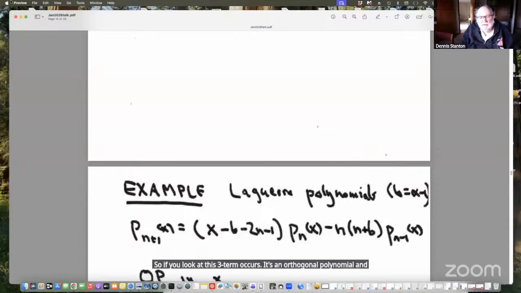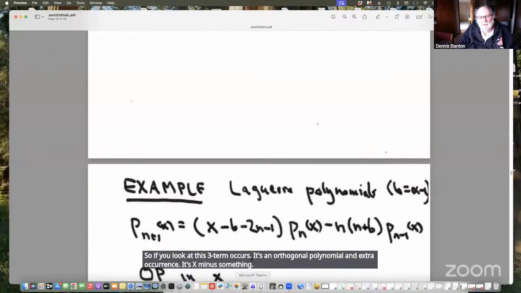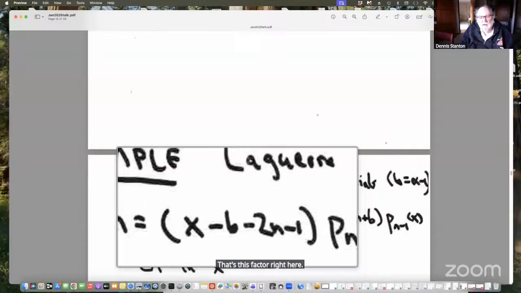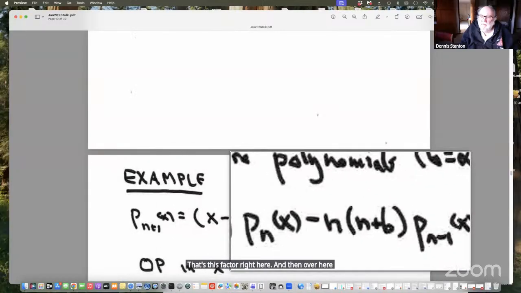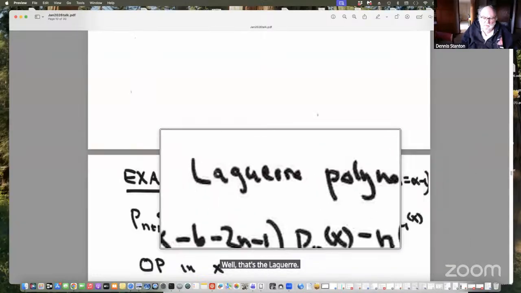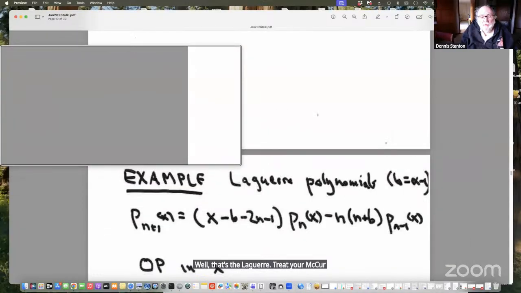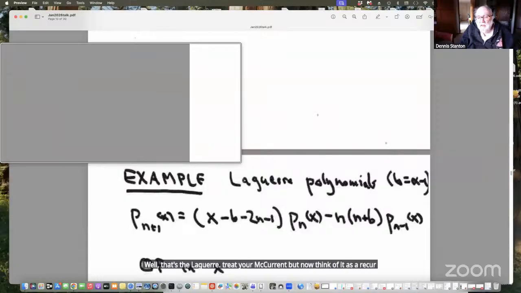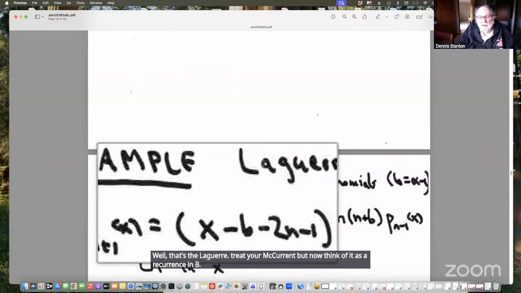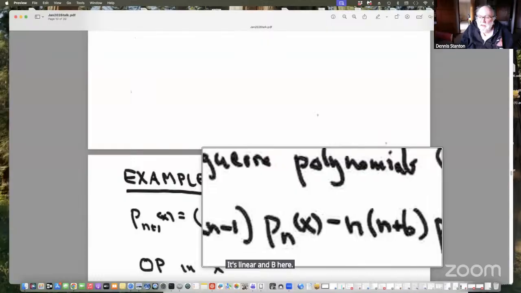It's x minus something. That's this factor right here. And then over here, it's independent of x. Well, that's the Laguerre 3-term recurrence. But now think of it as a recurrence in b. It's linear in b here and linear in b here.